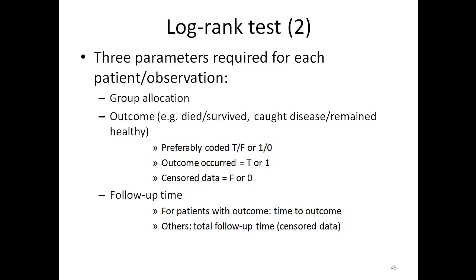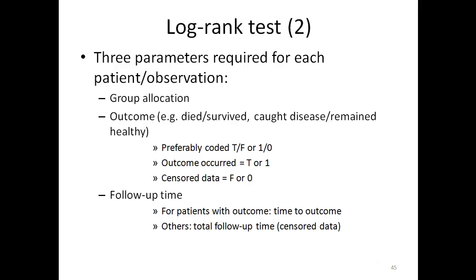First of all, to perform a log-rank test, you need 3 parameters for each observation, patient or subject in the study. The first of these parameters is the group allocation, and for the log-rank test it needs to be precisely 2 groups.